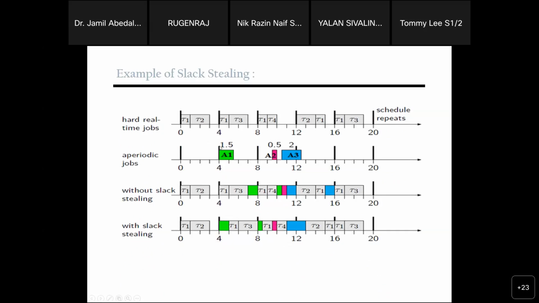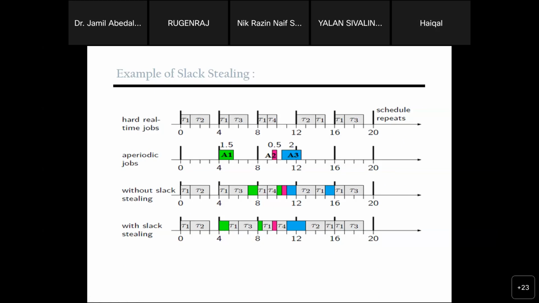And we need to execute how many units of aperiodic 1? 1.5. Why do we execute only 1 unit, not 1.5? Who can tell me? It only can fit 1 unit, sir. Why?